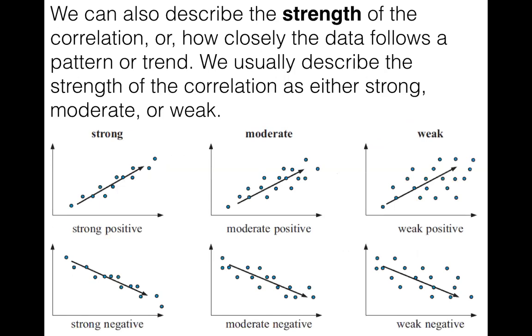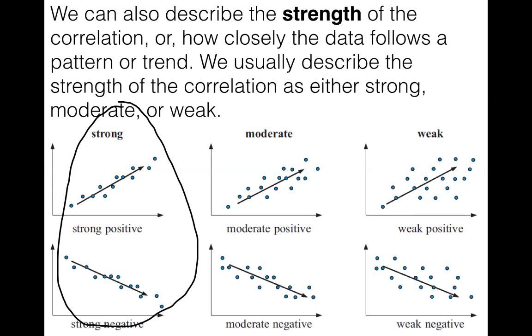We can also describe the strength of a correlation, which is how closely the data follows this pattern or trend. If the trend is linear, then the closer the points are to that line that we draw, the stronger the correlation is. So we can see that we have strong correlations over here. This is what the data would look like if we had a strong correlation.